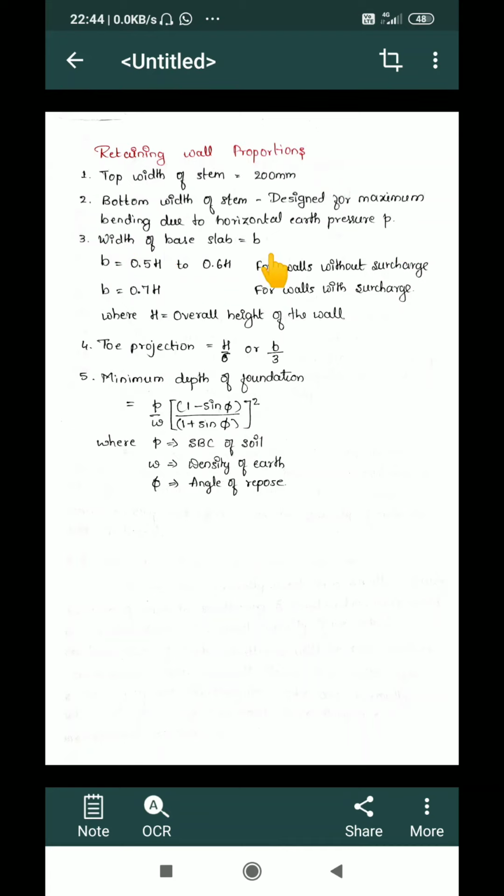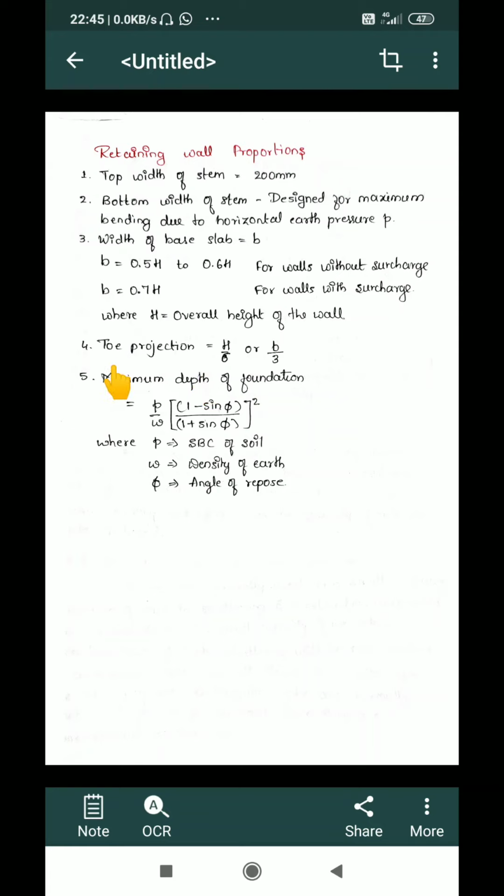The width of the base slab, that is the total width of a retaining wall, depends upon whether the retaining wall is with surcharge or without surcharge. If it is without surcharge, I can take 0.5 to 0.6 times the total height. If it is with surcharge, then I can take 0.7 times the total height, where h is the overall height of the wall.